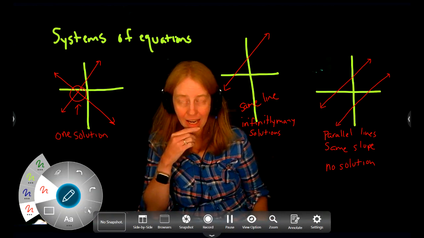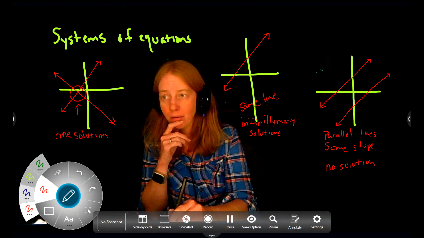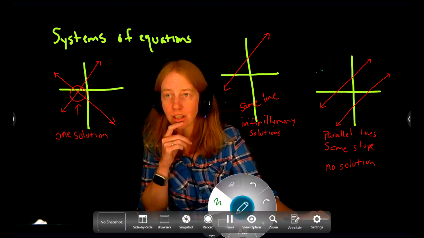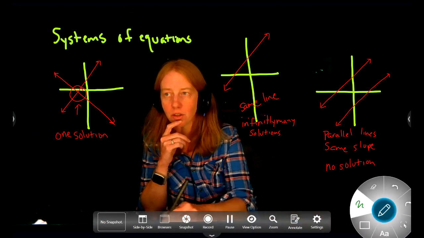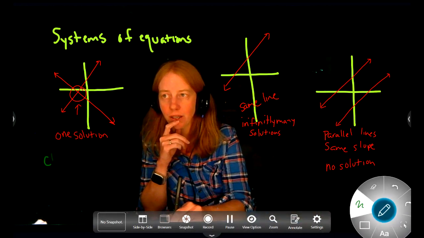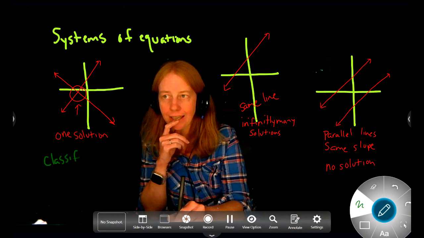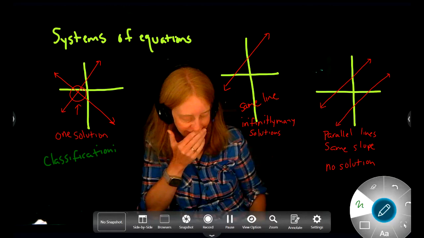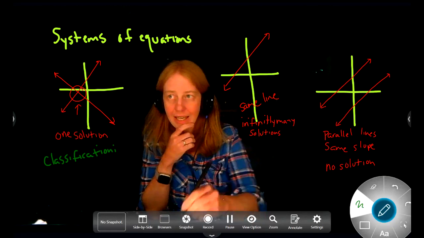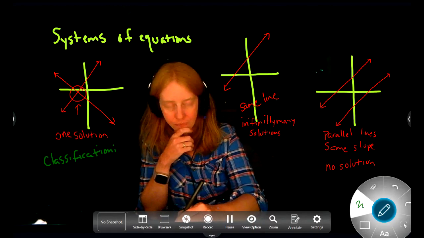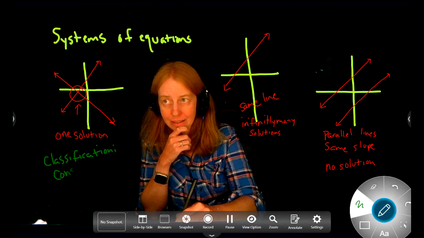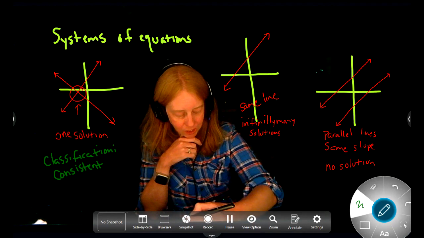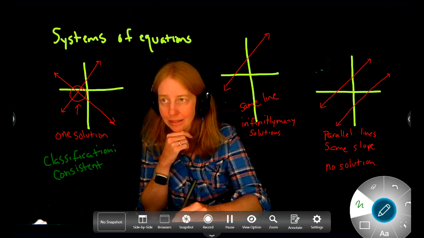The other thing that I'm going to have you write down here at the bottom of your page is what we're going to call a classification, because you're going to have to classify these later. For the first one, we're going to say that this is consistent. This is a vocabulary word. And we're also going to say it is independent.